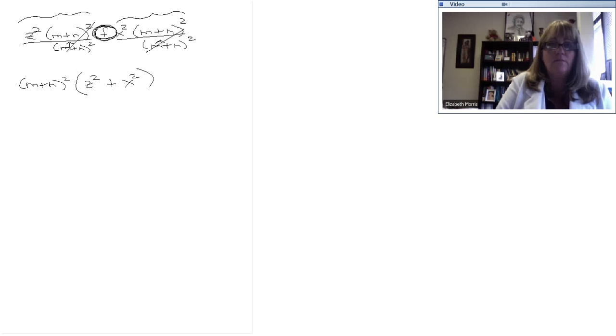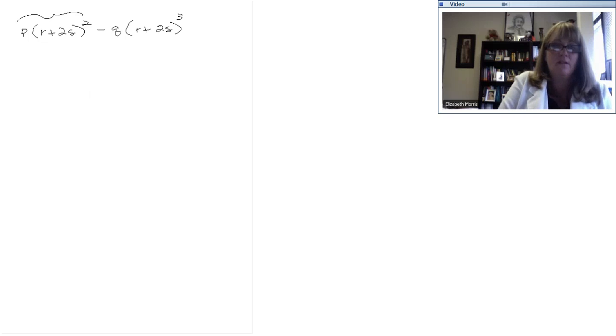All right, let's go even farther. What if we had P times (R plus 2S) squared minus Q times (R plus 2S) cubed? This minus this. What do they have in common?